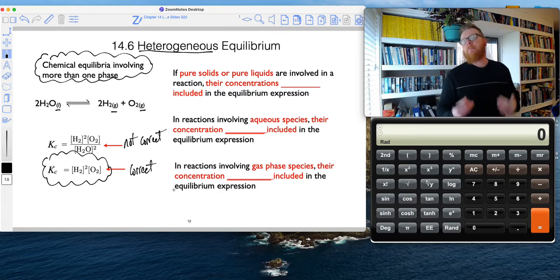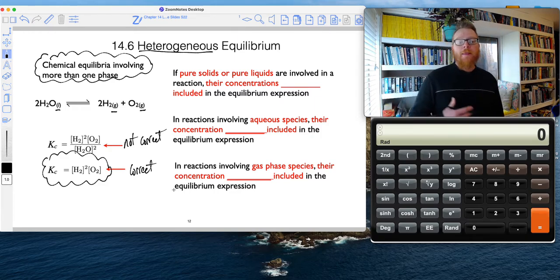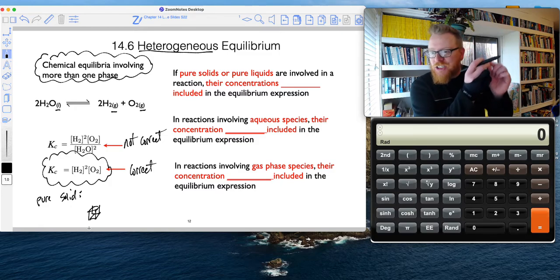If you think about the concentration of a pure liquid or a pure solid, you can never change its concentration. Let's think about this for the example of a pure solid. Suppose we've got a little salt crystal, a little cubic shaped salt crystal.